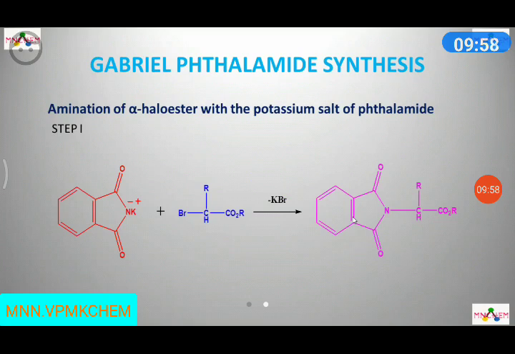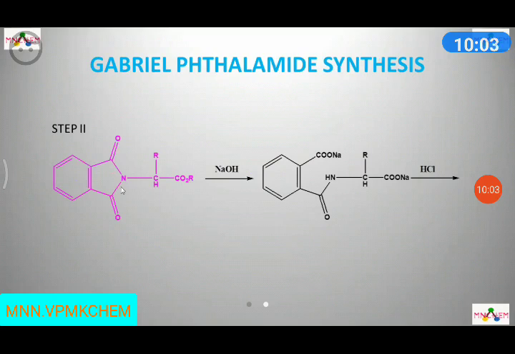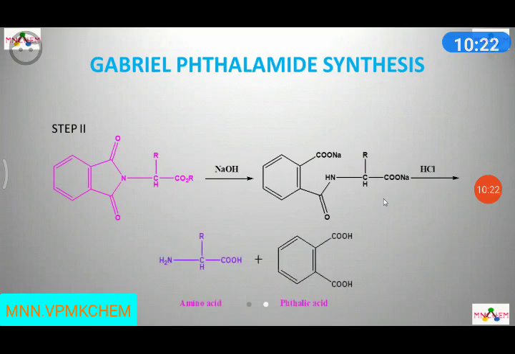In step 2, this adduct is hydrolyzed using sodium hydroxide. This results in the cleavage of the amide bond and hydrolysis of the ester also, which on acidification gives the corresponding amino acid and phthalic acid as the byproduct.